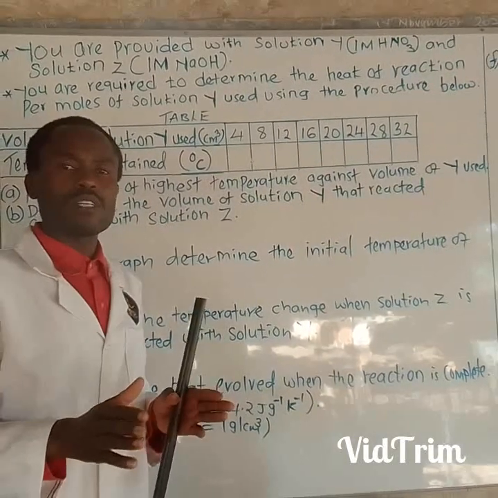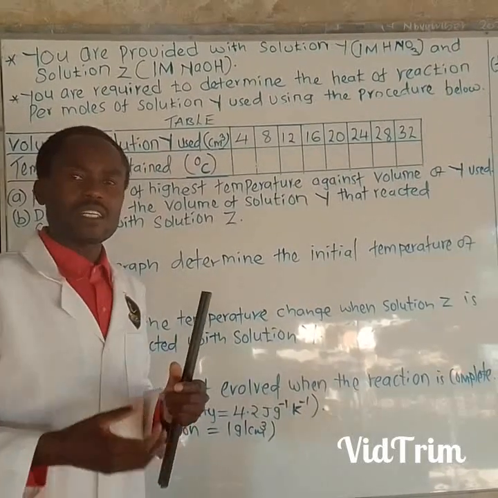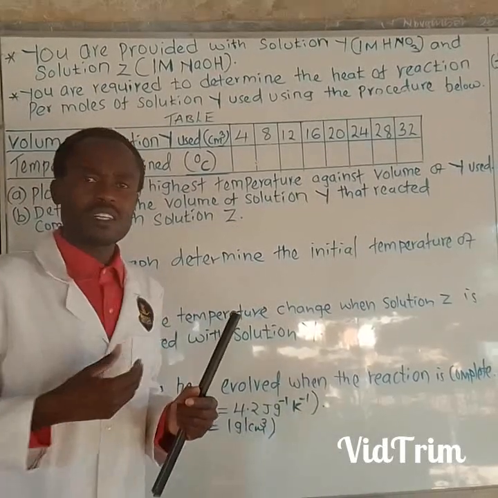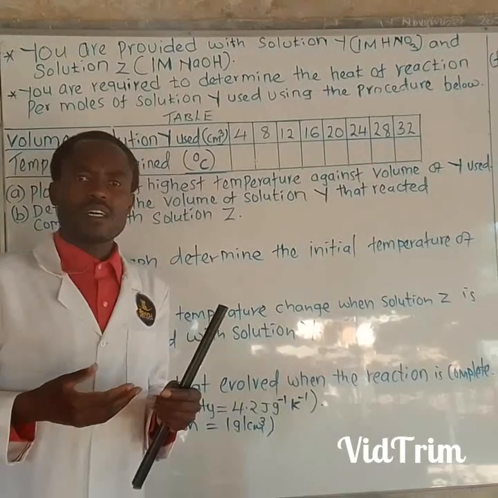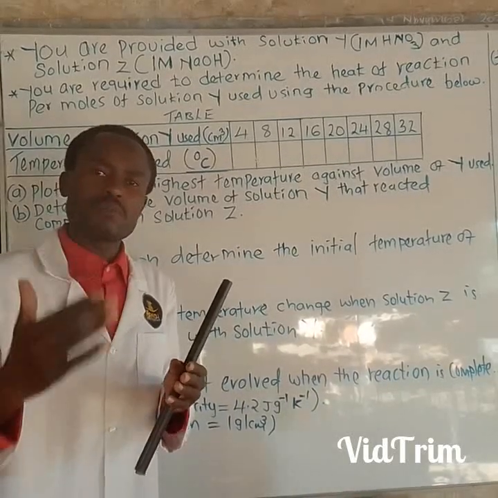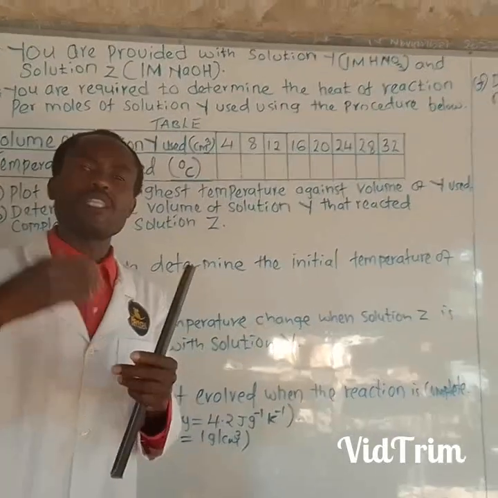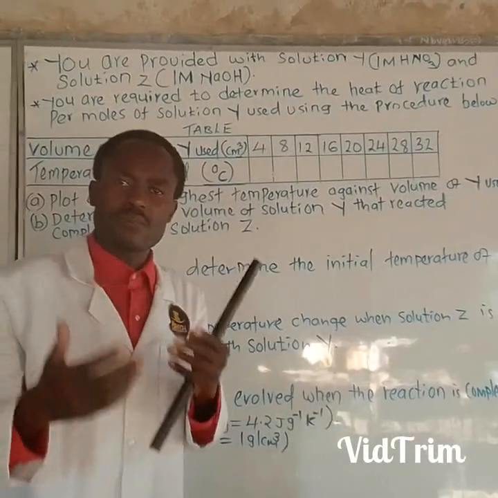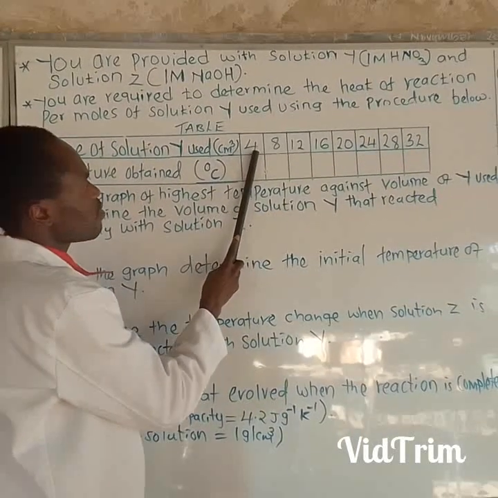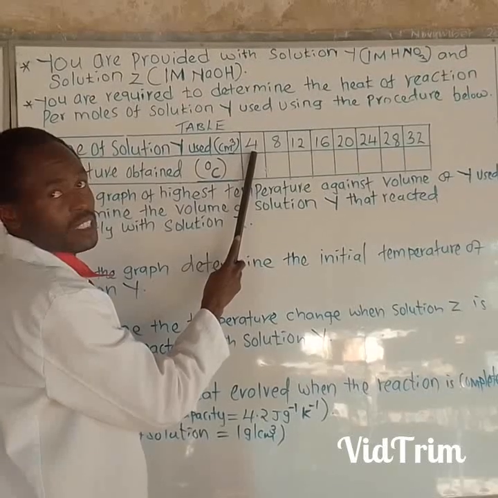We are going to measure only 20 mils of Z. Then we shall be adding a volume of solution Y at an interval of 4 mils. Every addition of those 4 mils of solution Y, we take the highest temperature reached. For example, if I add 4 mils of Y to solution Z, I take the highest temperature reached.